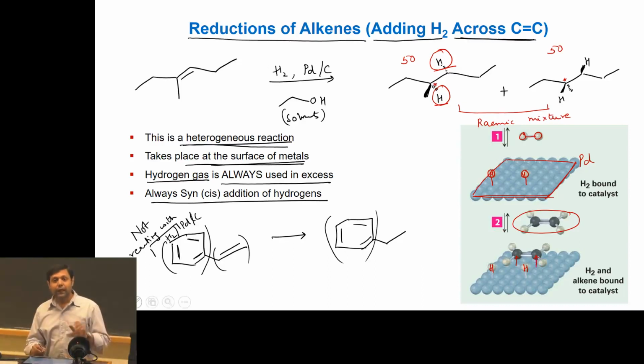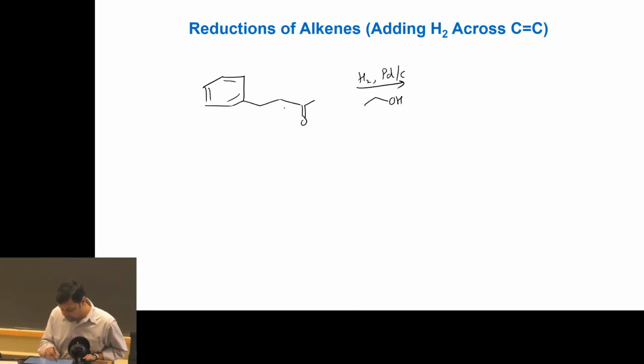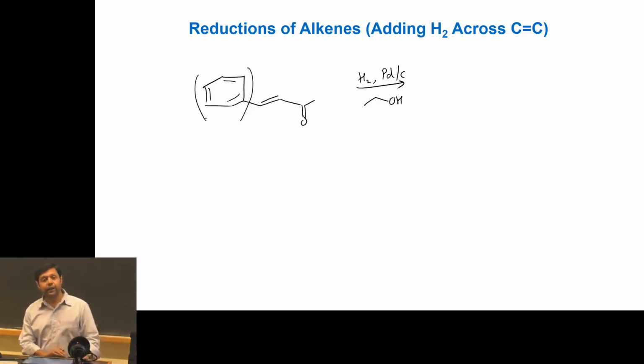All right. Let's take another example. Let's say I'm starting off with this molecule. We just said this arene ring is going to tolerate the reaction conditions. It is not going to react.